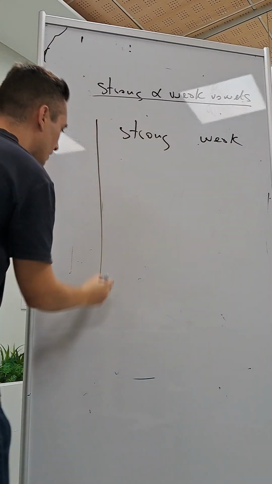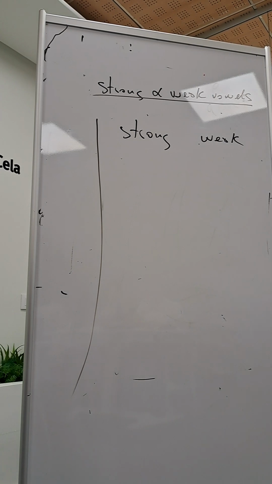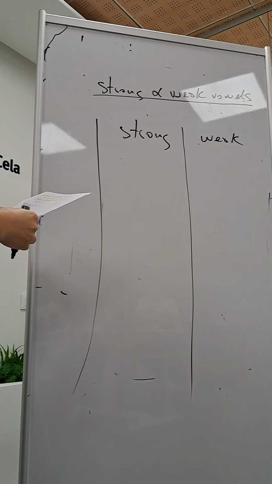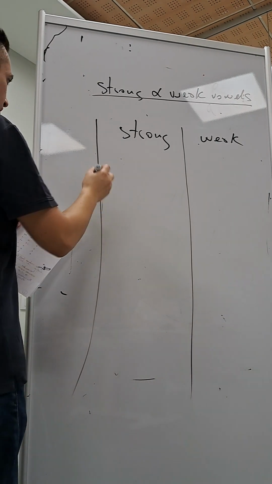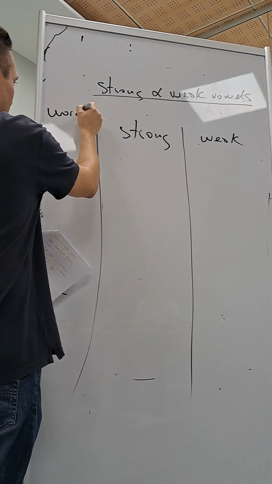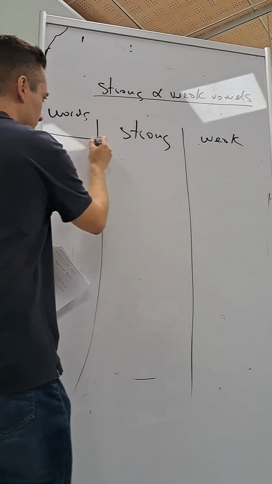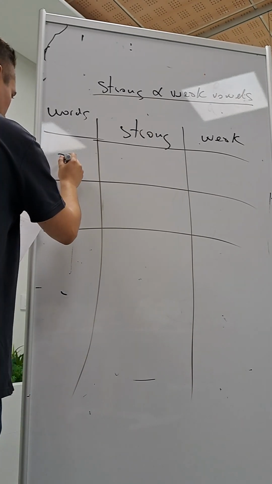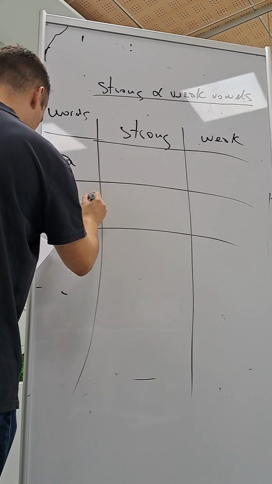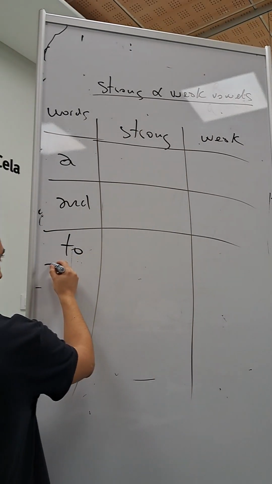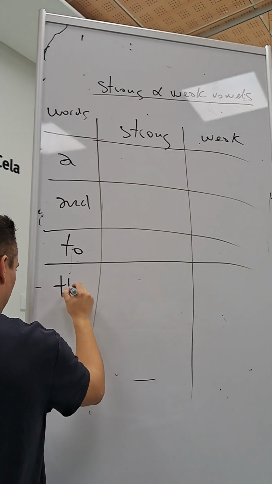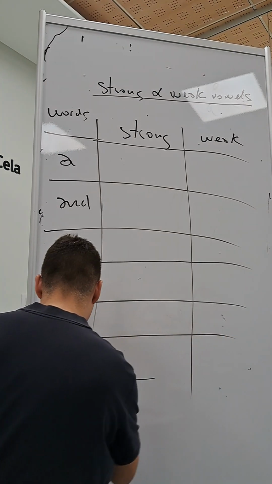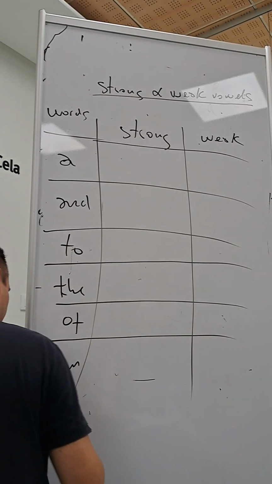So we just said that function words typically are always weak unless we want to emphasize them. So, for example, little words such as the article a, and, to, that, of, from.